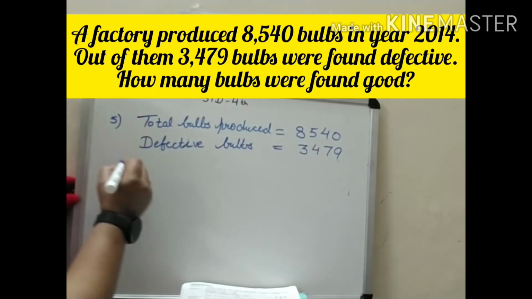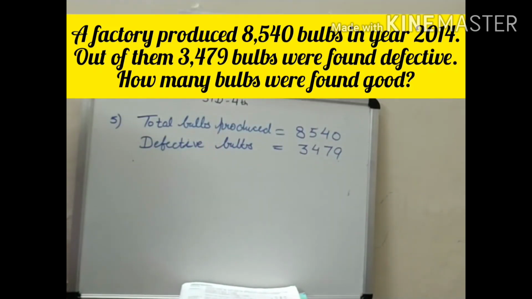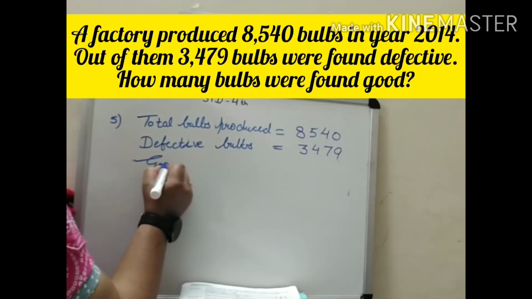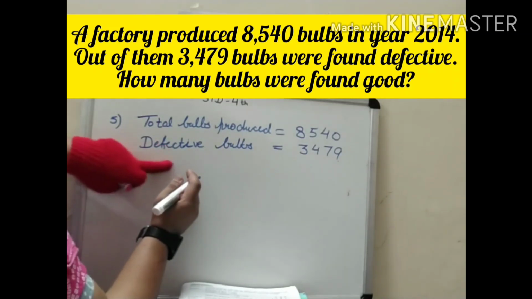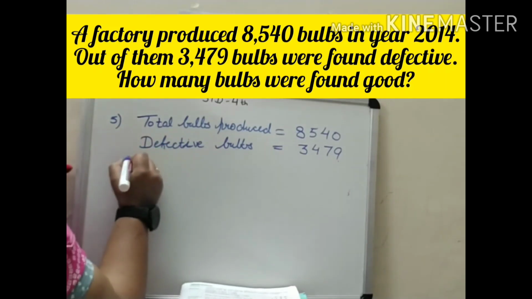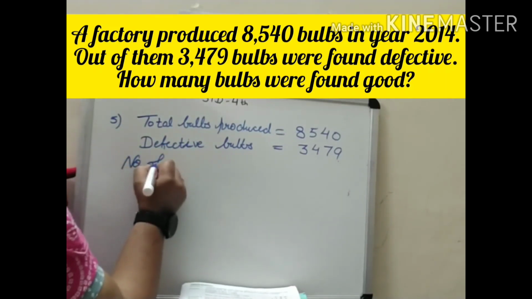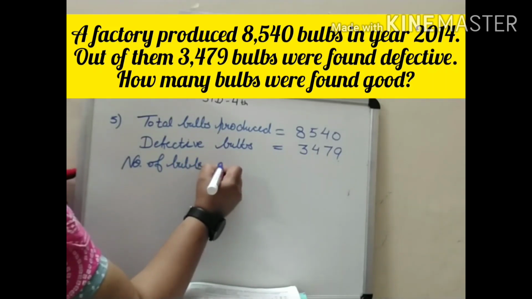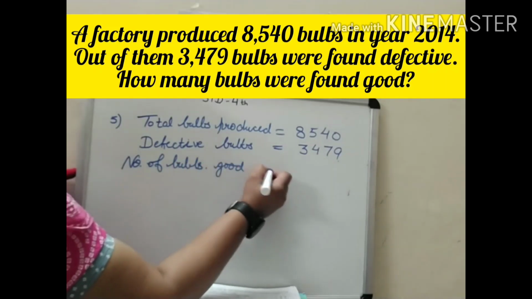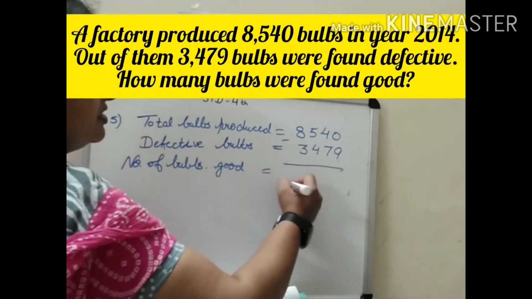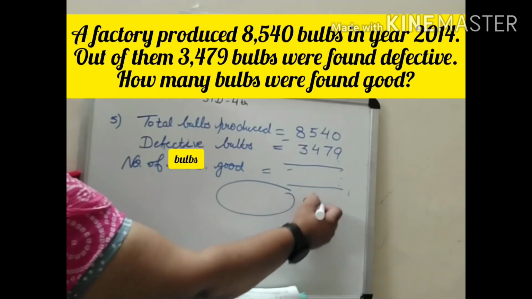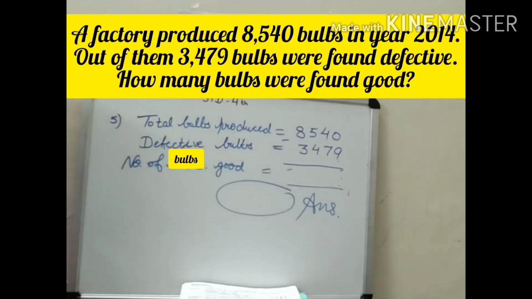Now the question is, how many bulbs were good? Or you can also write, children, number of bulbs good. Okay, you will subtract, write the answer separately and you will get the answer.